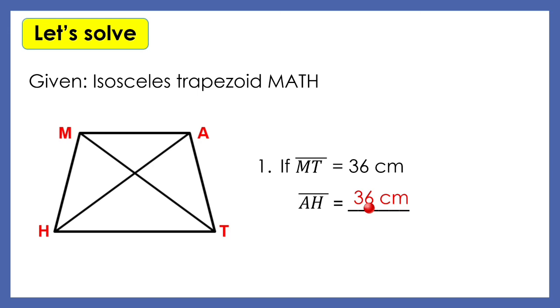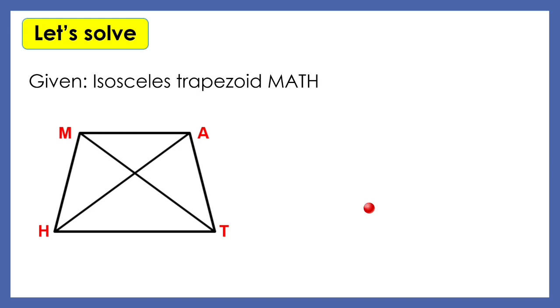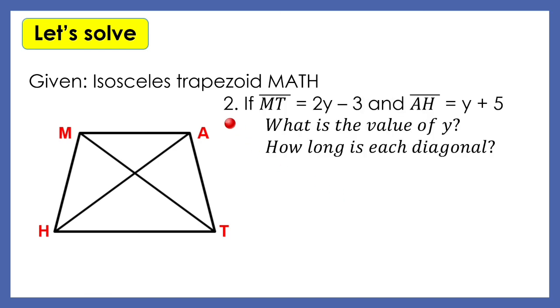Let's have another problem. The same pa rin, isosceles trapezoid MATH. Okay, if line segment MT equals 2y minus 3 and line segment AH equals y plus 5, what is the value of y and how long is each diagonal?